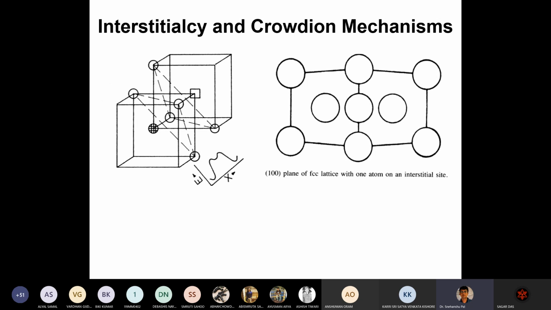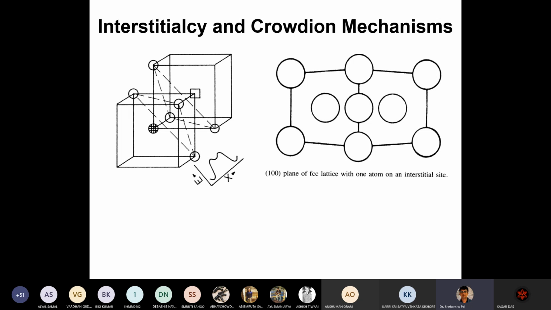If we check this question, if a relatively large atom such as a solvent atom gets into an interstitial position, now we are talking about self-interstitials, how will it move?